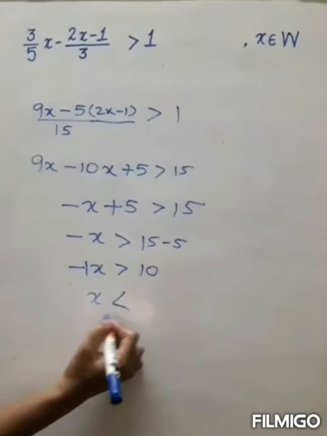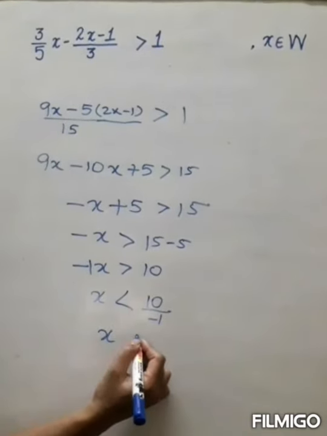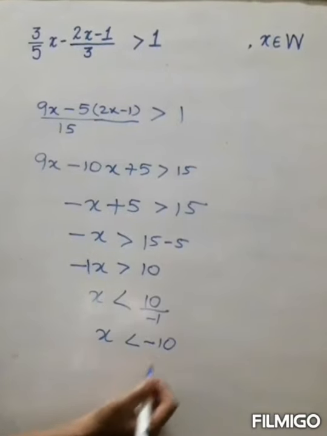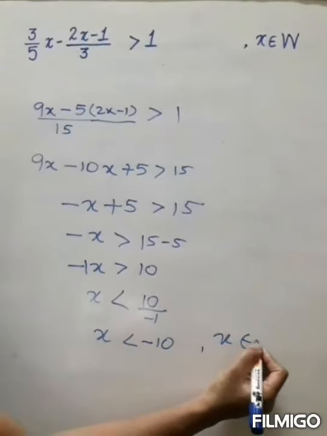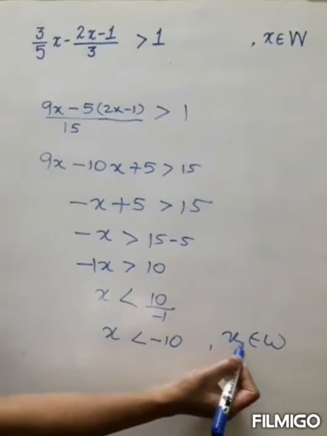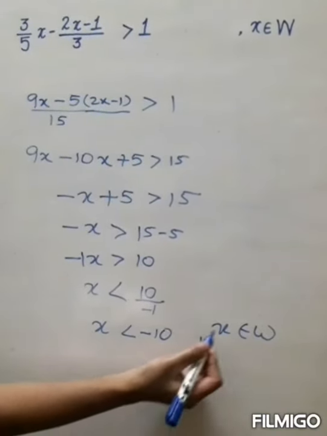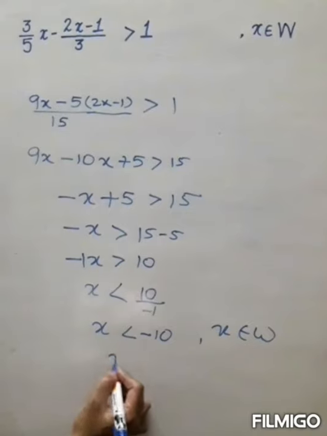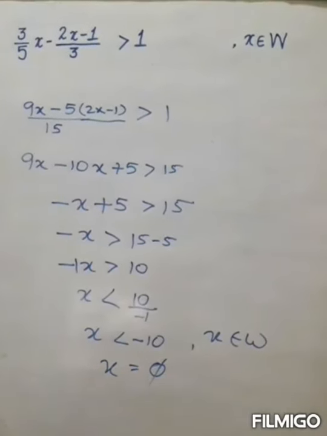So it will become x is less than 10 over minus 1, or we can write x is less than minus 10. Now it is given that x is an element of whole numbers. x is less than minus 10 and x is a whole number. There exists no such number which is less than minus 10 and is a whole number. So we can write x is equal to phi, which is an empty set.